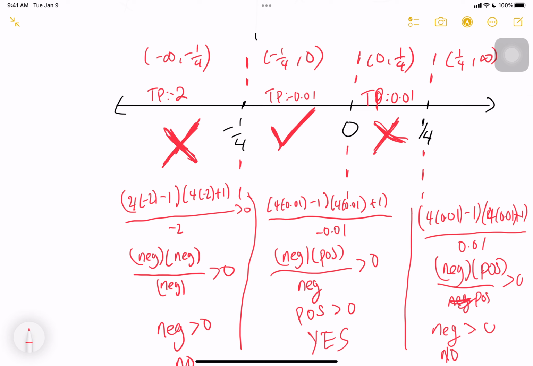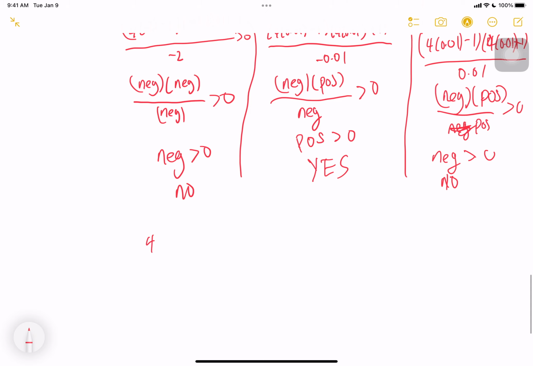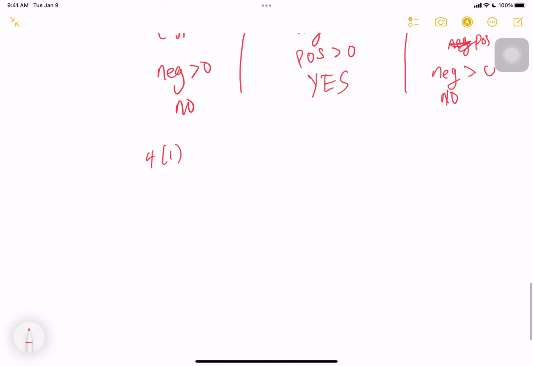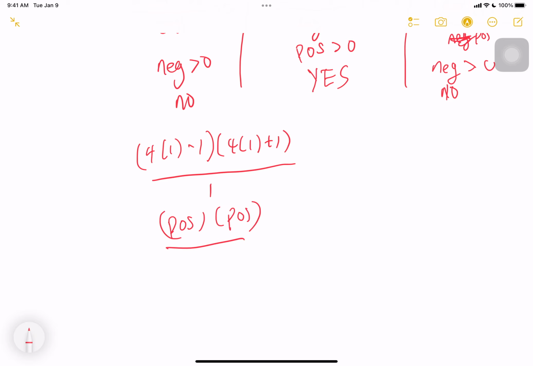And then over here, I can use a test point of 1. So that's going to be 4 times 1 minus 1, 4 times 1 plus 1, over 1. That's positive, positive, and positive. And so therefore this is indeed greater than 0.